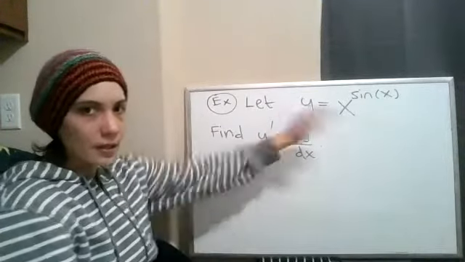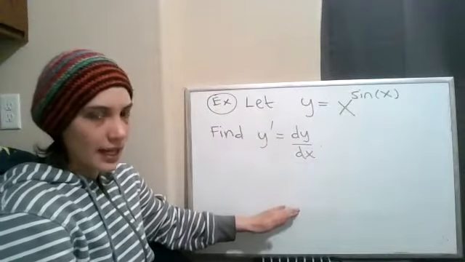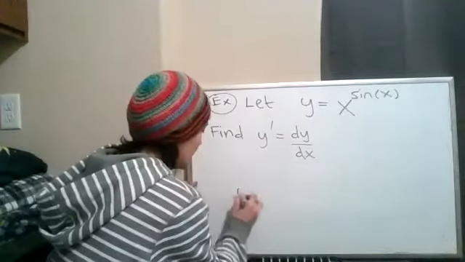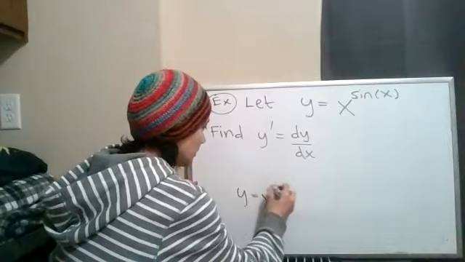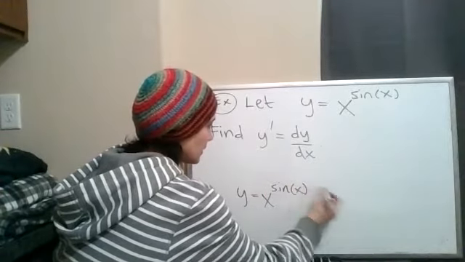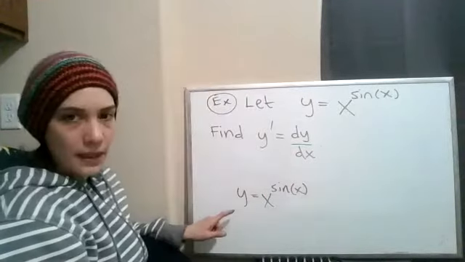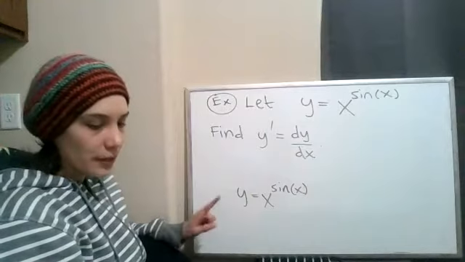So first, I'm going to write this down just how we have it. y is x to the power of sine of x. Okay, let's take the natural log of both sides.